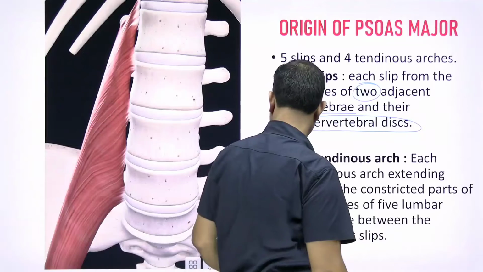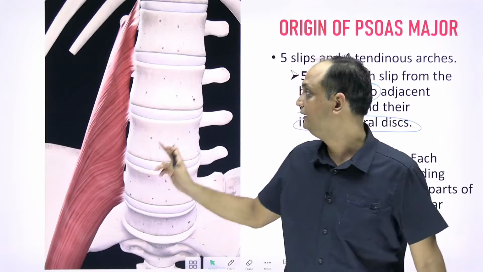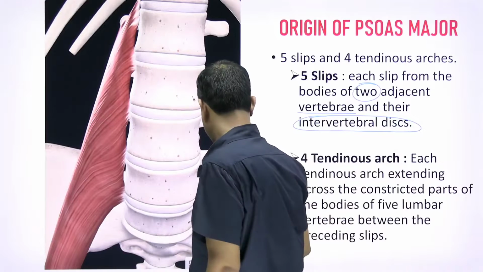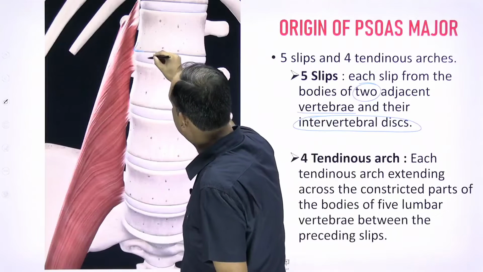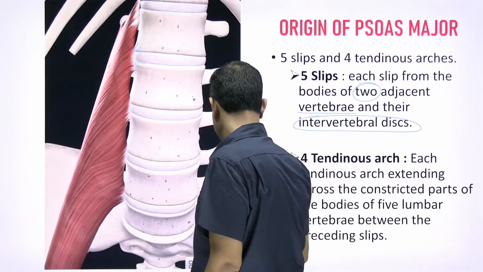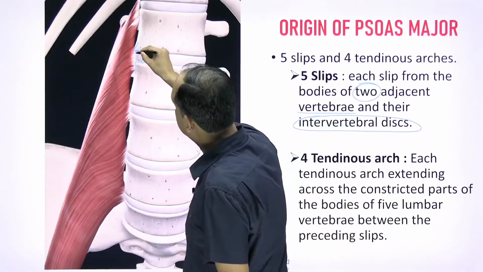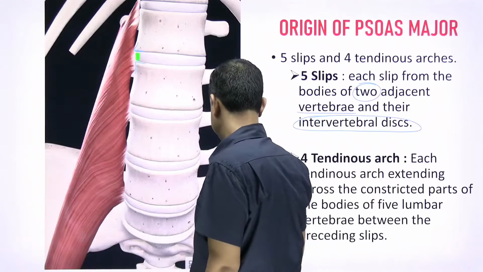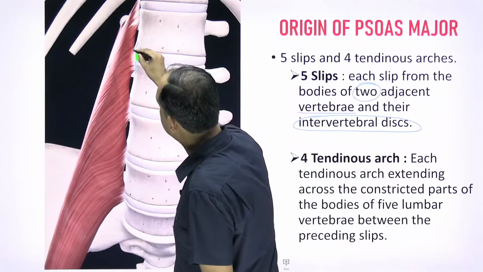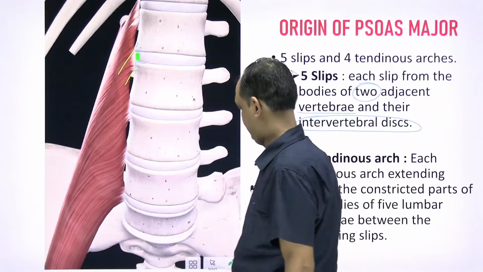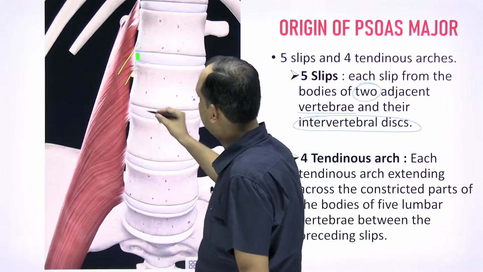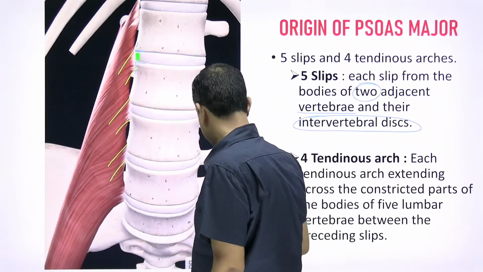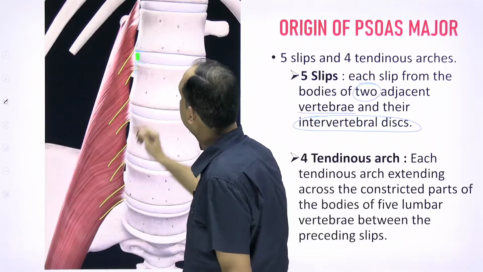In this enlarged view, this is one vertebral body and this is another vertebral body, and in between them you will have the disc. From all these 3 sites you have the origin of one slip. So this is forming one slip. In the same way you will have one more slip, then one more, then one more here and one slip here.